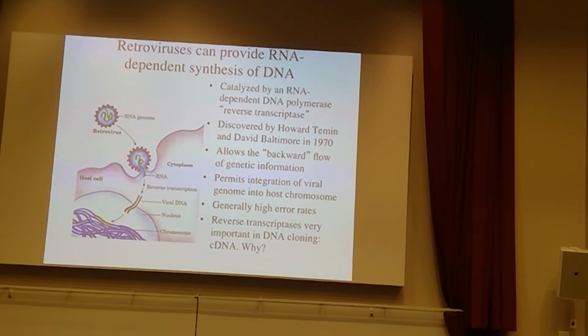So the best way to do that is to obtain the messenger RNA, and that's actually fairly easy because that polyadenylate region can be used as a hook to isolate out mature mRNA products.